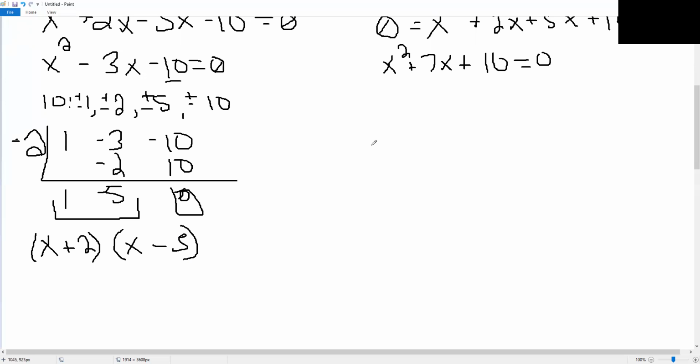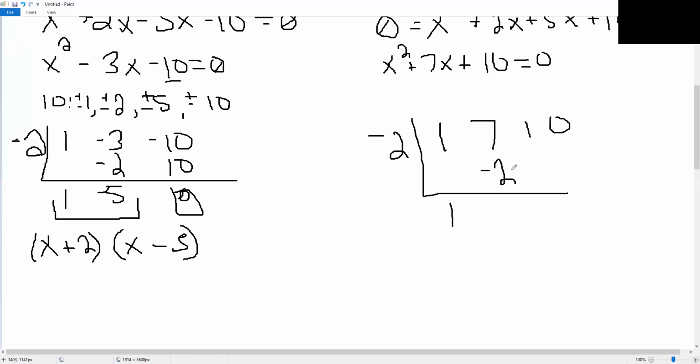Let's look at this one. Now I know since these two are just negatives of each other and -2 worked, I'm just going to use it over here. And this is 1, 7, and 10. 1 here, -2 is -2 here.